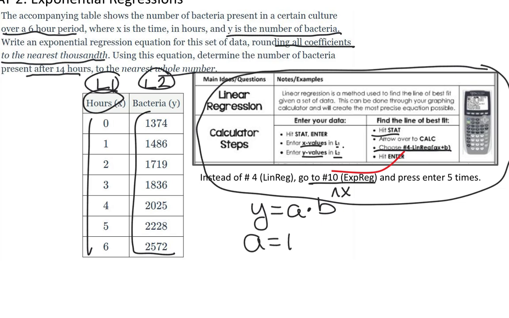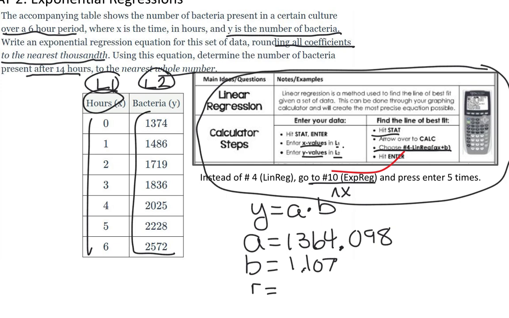So a equals 1364, and it said round your coefficients, the numbers in front, to the nearest thousandth. So we're going to do 0.098. And then b is going to be 1.107.